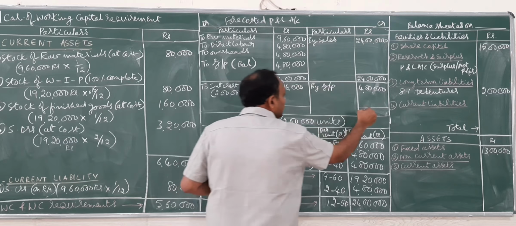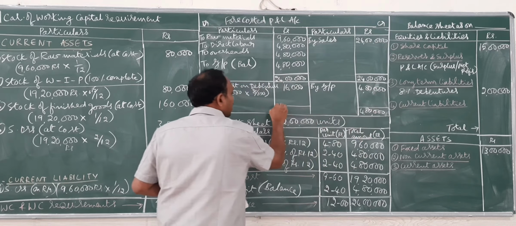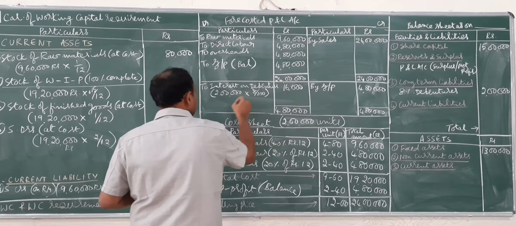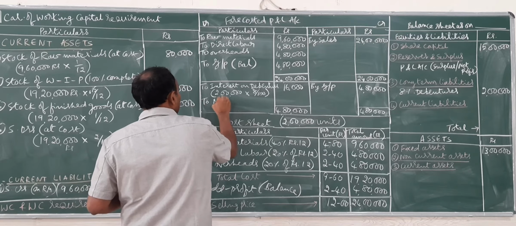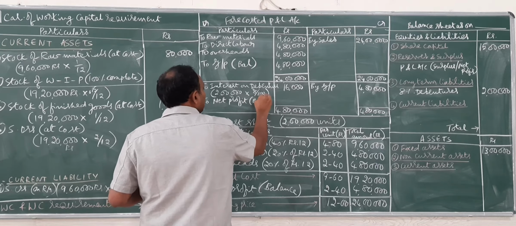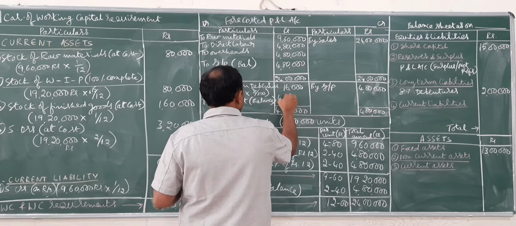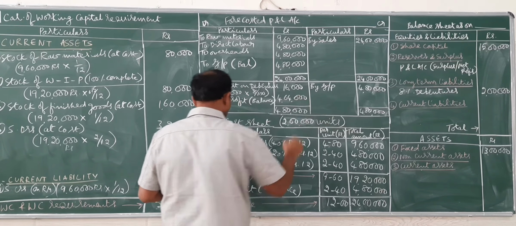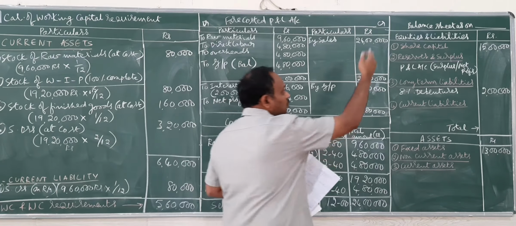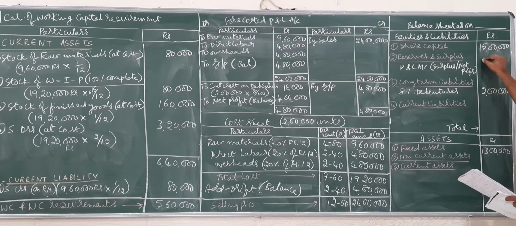Then we have to balance the P&L account. Credit is more, 4,80,000, carry this to the debit side. 4,80,000 minus 16,000 gives you the net profit, by balancing credit minus debit, 4,64,000. So this 4,64,000 I need to transfer to the balance sheet under reserves and surplus.